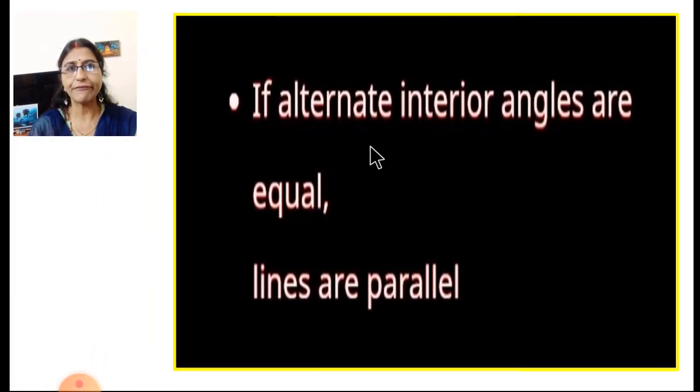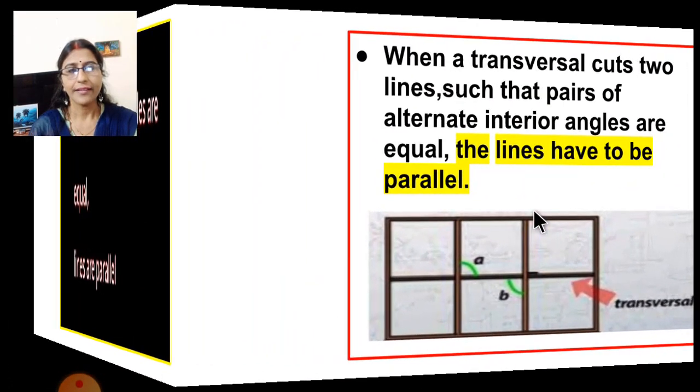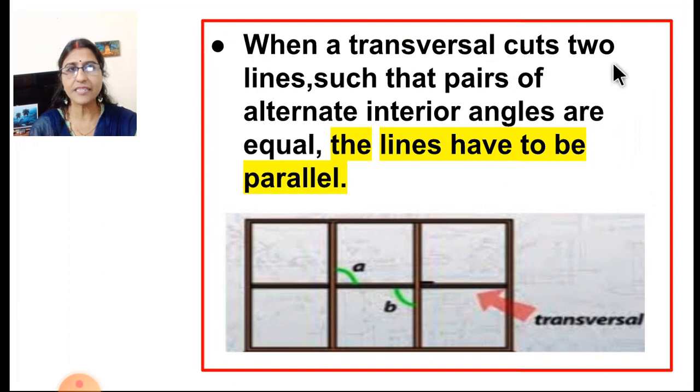Now next is if alternate interior angles are equal, lines are parallel. Let us understand this. When a transversal cuts two lines such that pairs of alternate interior angles are equal, the lines have to be parallel. Here, this line is the transversal, and these two are the lines.